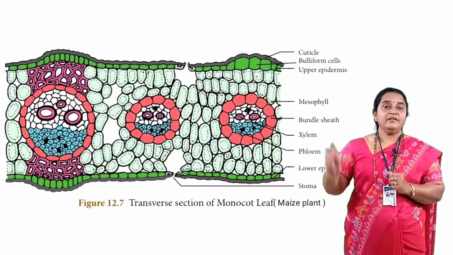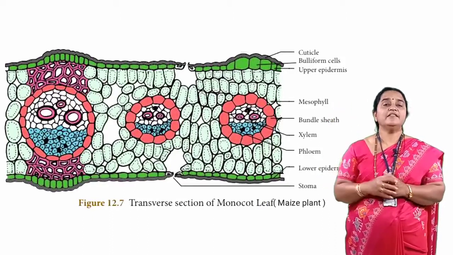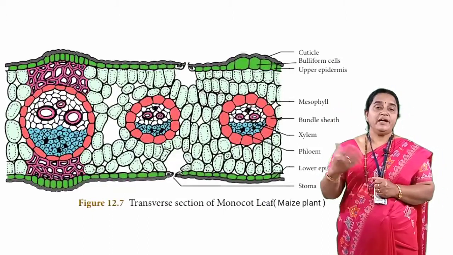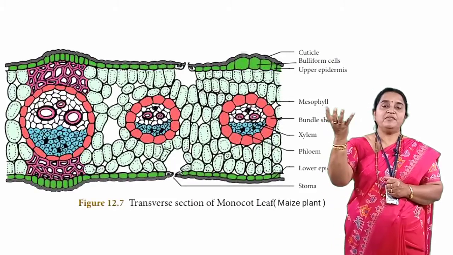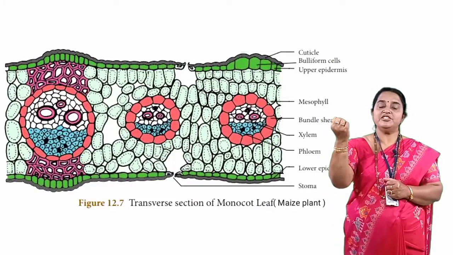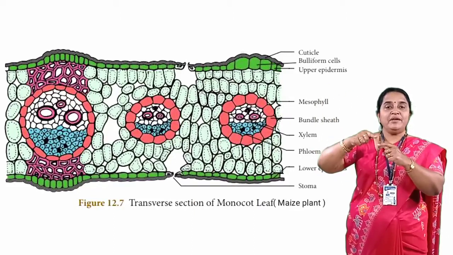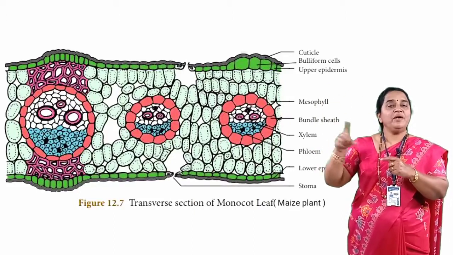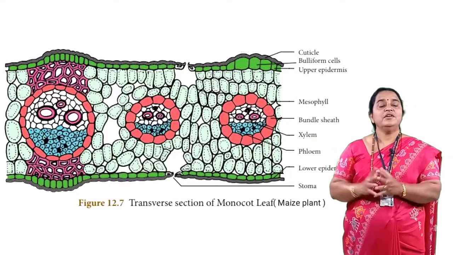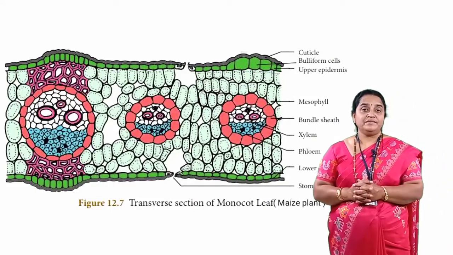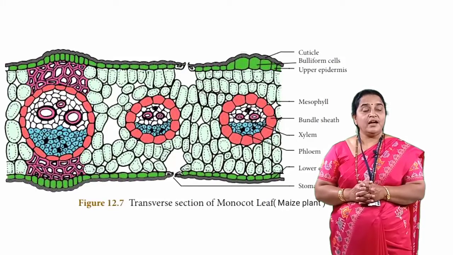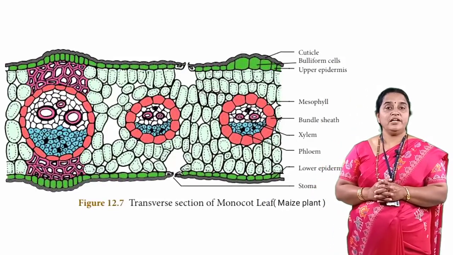So what will happen here? To avoid excess loss of water by transpiration, bulliform cells undergo plasmolysis, means they shrink. It allows coiling of the leaf lamina. Thus, all stomata get closed and there is no transpiration at all. This is adaptation found in monocot leaves.